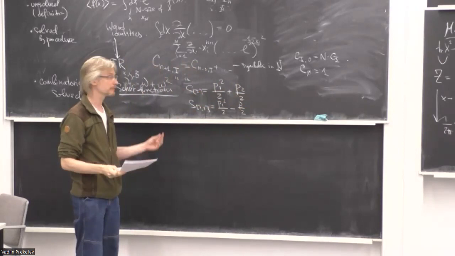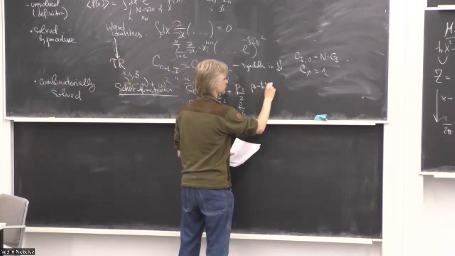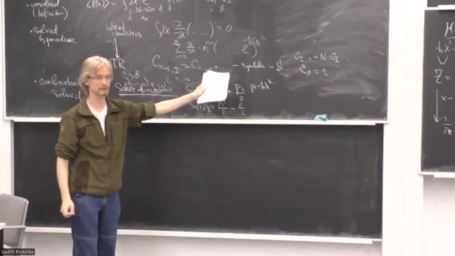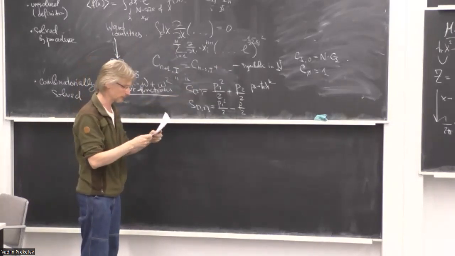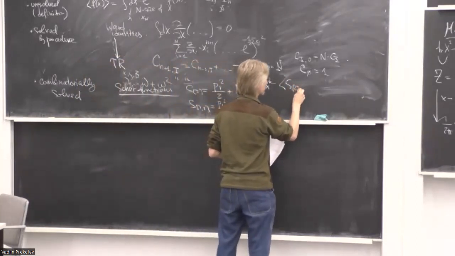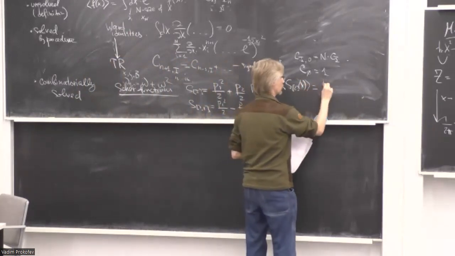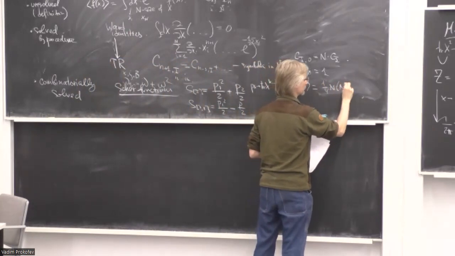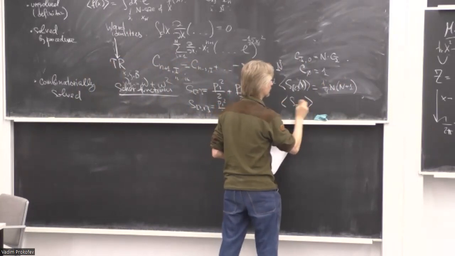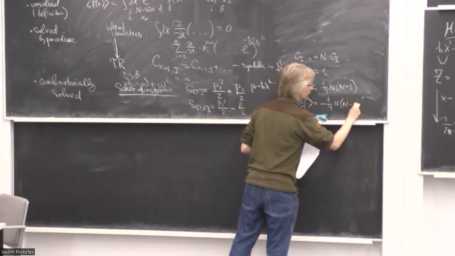So what will happen if I plug in here, instead of pk, x raised to the k, and then evaluate this integral, for instance with the help of this recursion? Then I will discover, surprisingly, that the average value of S2 of x is equal to 1/4 n times n plus 1, and the average value of S11 of x is equal to minus 1/4 of n times n minus 1.